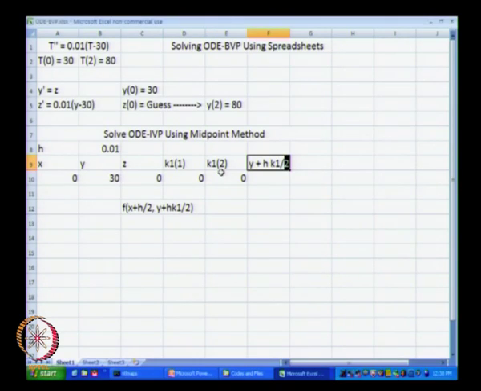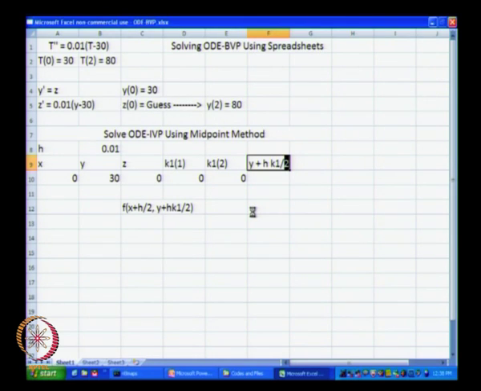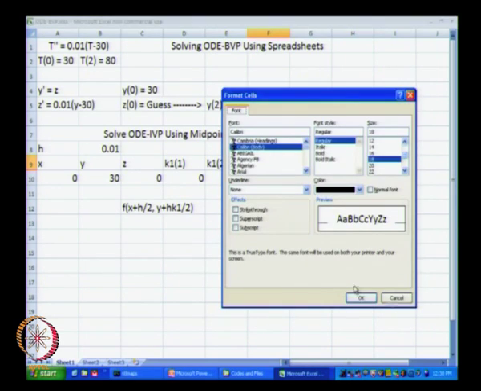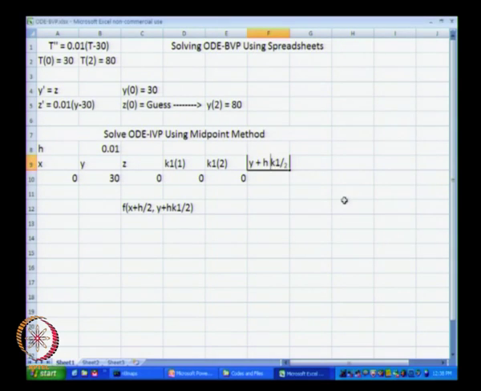Function, and just do format cells so that it looks better. And we will do format cells for here also.